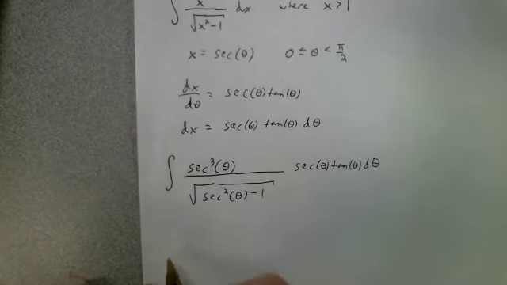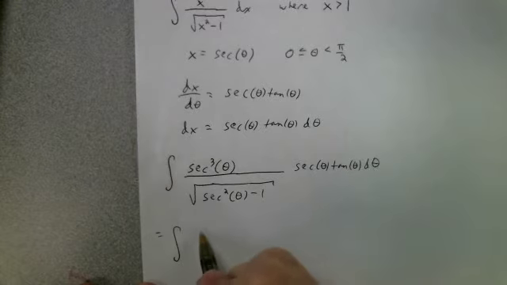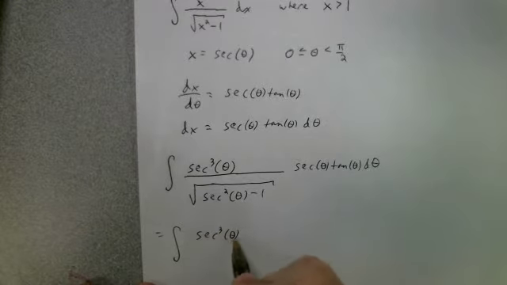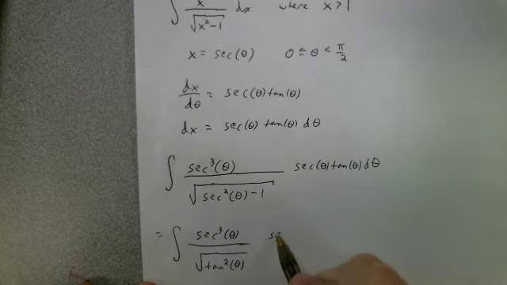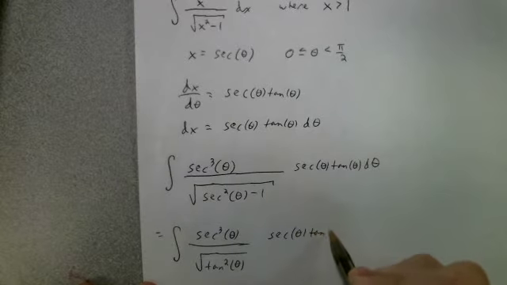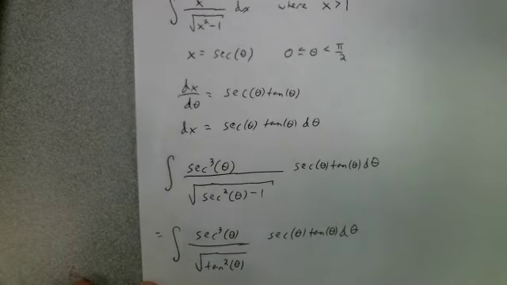Then we say, okay, well, the square root of secant squared minus 1, we're going to make that disappear. Secant squared minus 1 is tangent squared theta. I have secant theta, tangent theta, d theta.